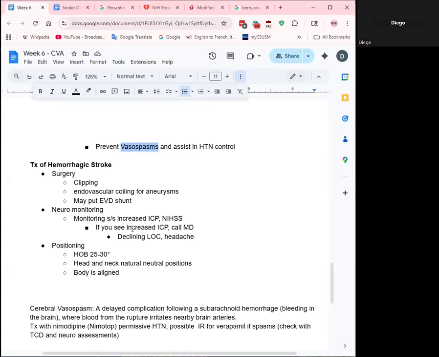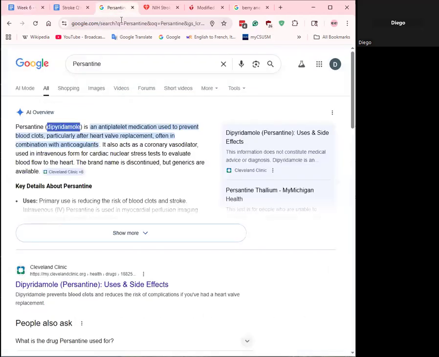For a hemorrhagic stroke, there's going to be surgery. You're going to want to clip it or coil it in order to get rid of the aneurysm, so that vessel becomes sealed and doesn't bleed anymore. They might get an EVD shunt. I'll show you a picture.